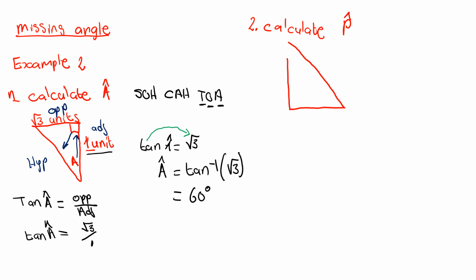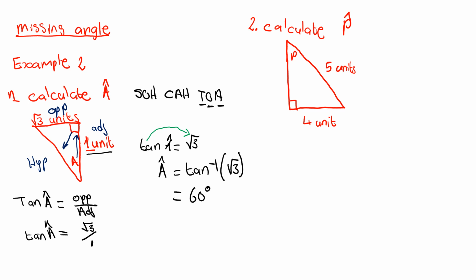Given this diagram, they said calculate P, 90 degrees right there, which has 4 units, 5 units, which has your P, which you were asked to calculate. And they say calculate your P.